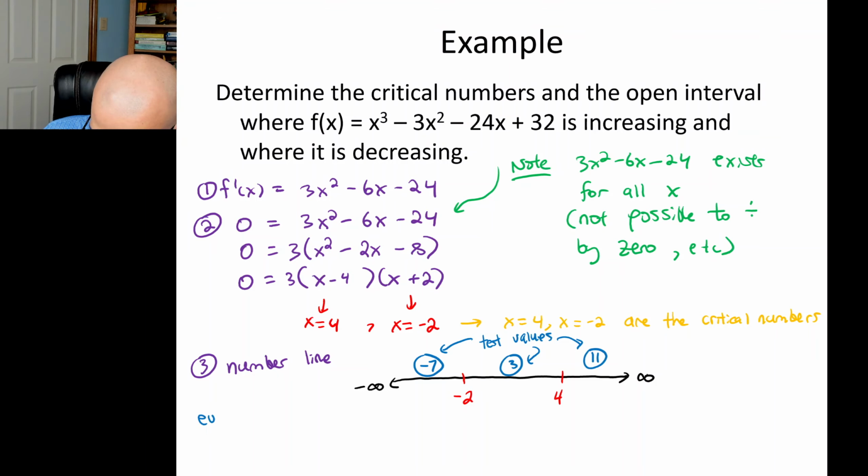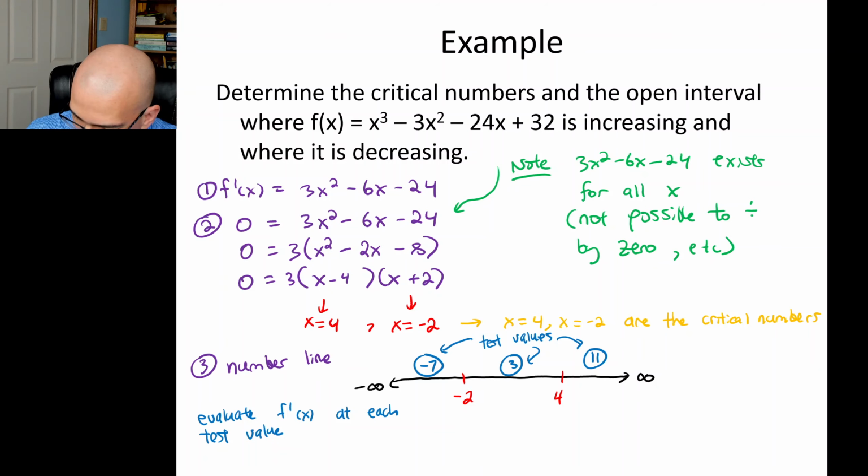Evaluate f prime of x at each test value. So f prime evaluated at -7.